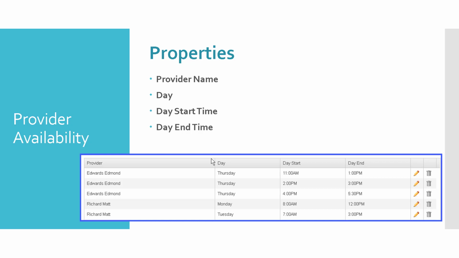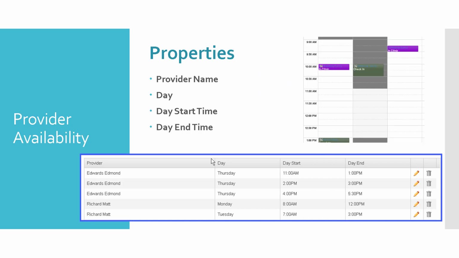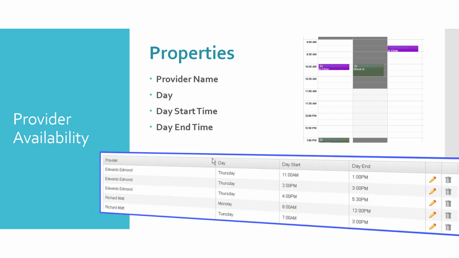For example, by setting 2 ranges for a provider on Monday, the first range from 800 to 1200 hours, and the second from 1400 to 1800 hours, the provider's schedule will be grayed out between the hours of noon and 2 on the clinic schedule and active from 8 a.m. to noon, and then again from 2 o'clock to 6 o'clock p.m.